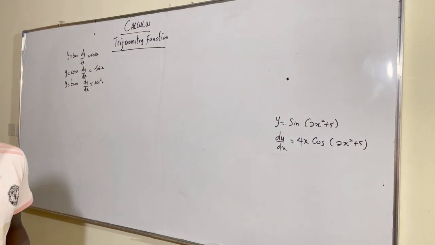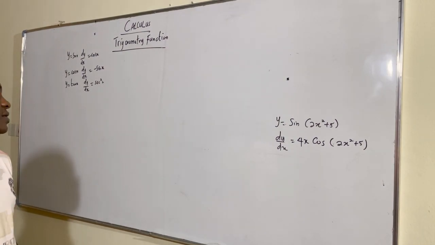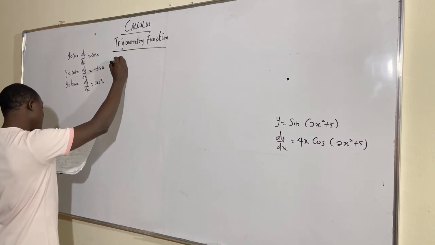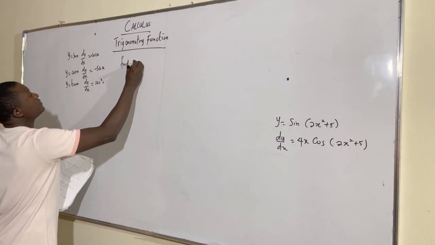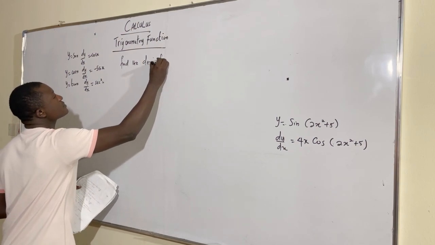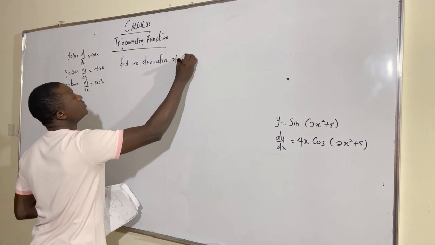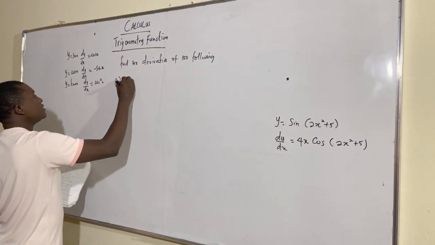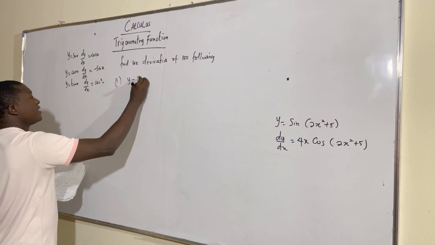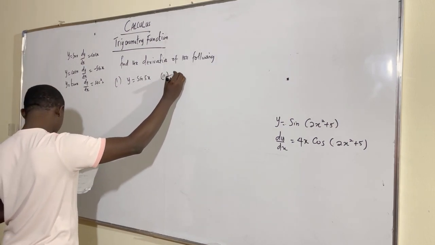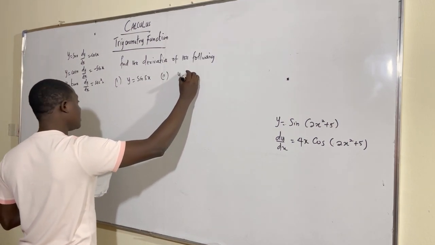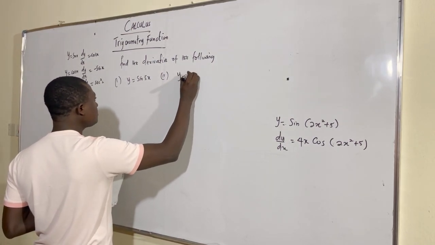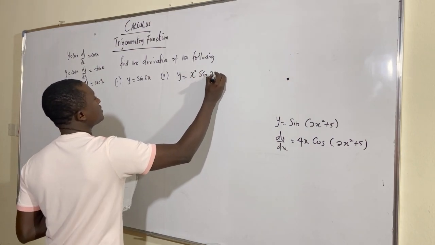Let's look at a question from our Federal University materials. The question says: differentiate the following, find the derivative of the following. One, y is equal to sine 5x. Two, y is equal to x squared sine 2x.